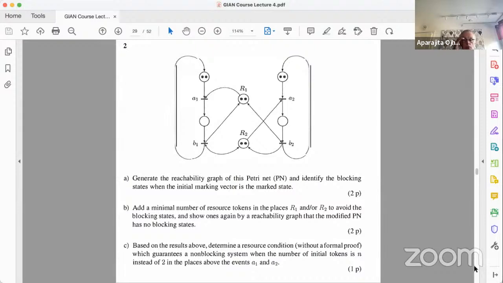In this case, what is the question then? Generate the reachability graph of this Petri net and identify the blocking states when this initial marking vector is also the marked state. So we would like to come back to this situation. Yeah, can we even see here that we have a deadlock or blocking situation?